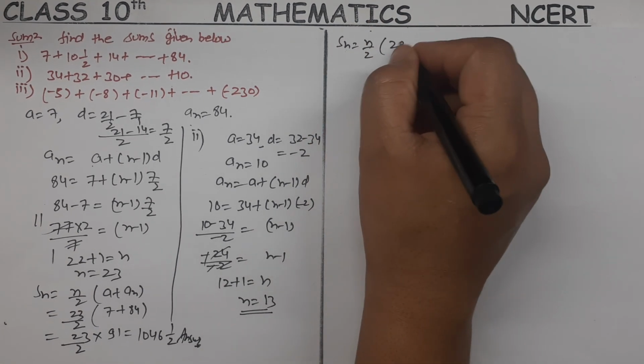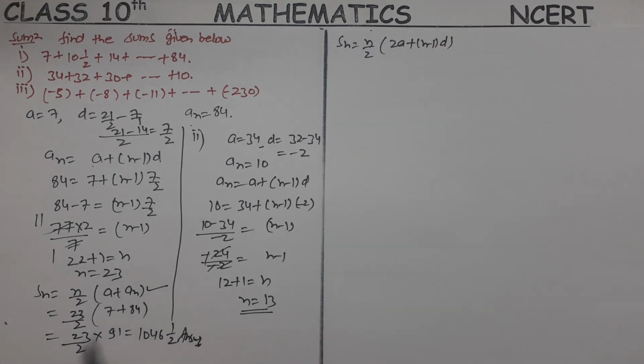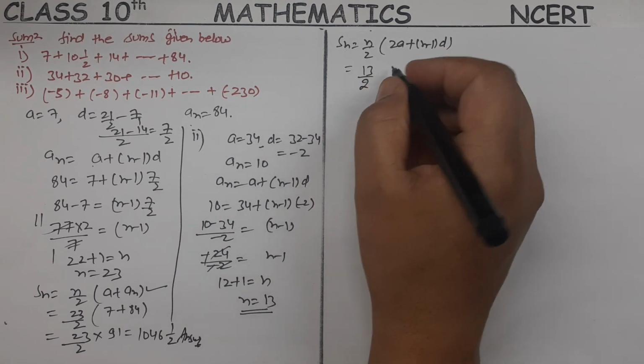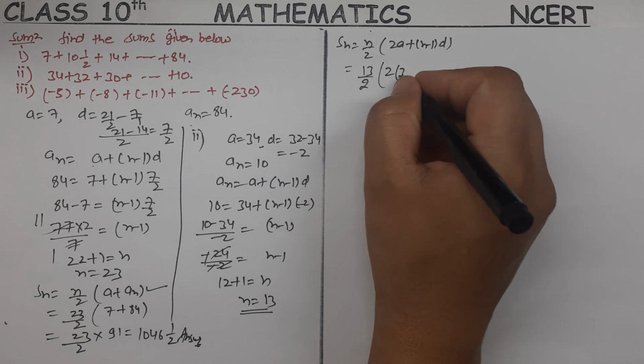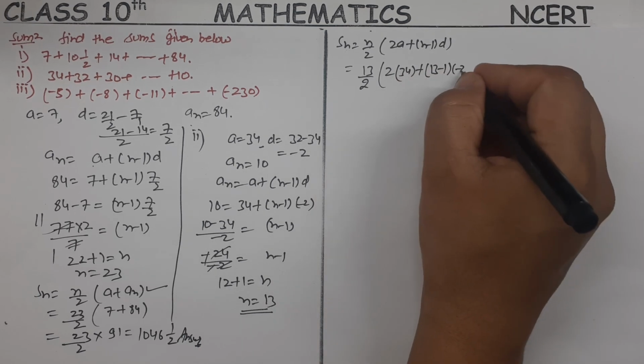Apply the formula n by 2 into 2a plus (n minus 1)d, or we can put n by 2 into (a plus an). By both formulas we can solve it. 13 by 2, a is 34 and 13 minus 1, d is minus 2.